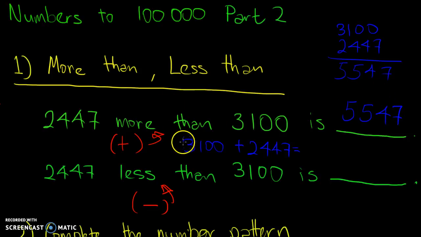Okay, so 2447 is like 2447 apples more than 3100 apples is what?